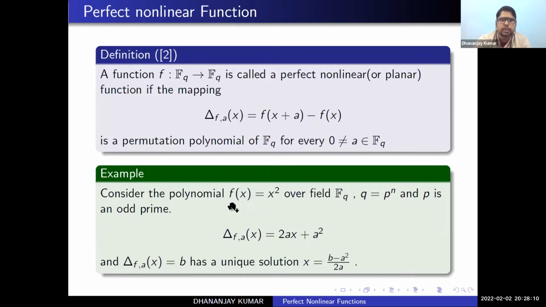Here we can see that the polynomial f(x) equals x squared over the field Fq, where q is of the form p^n and p is an odd prime, will be a perfect nonlinear function, because this difference polynomial delta f(x) is 2ax plus a squared, and this has a unique solution x equal to (b minus a squared) upon 2a.